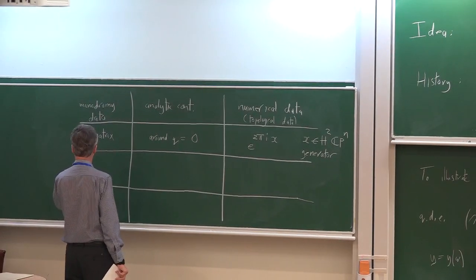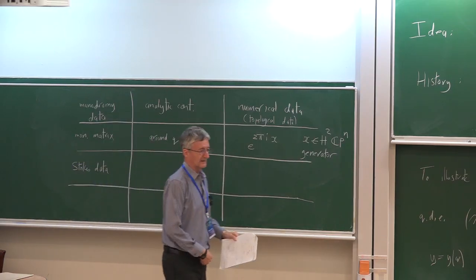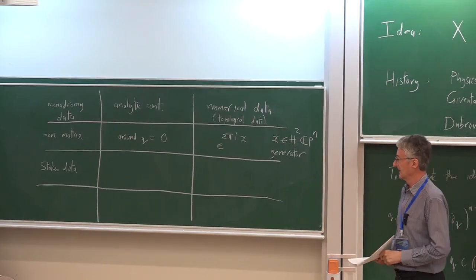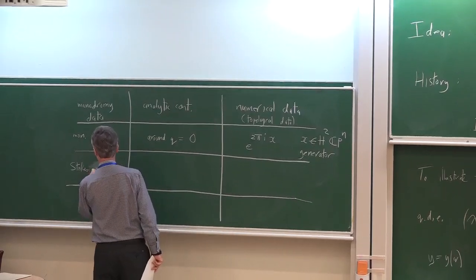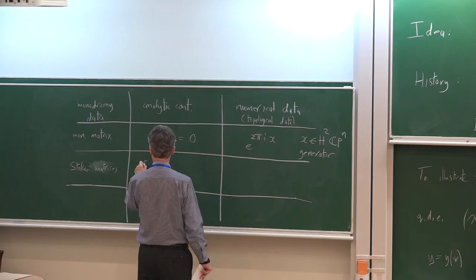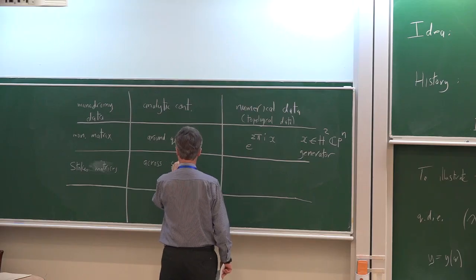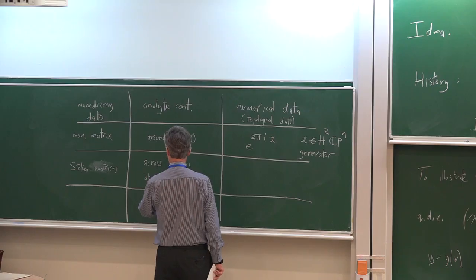Now, the next kind of monodromy data is Stokes data. This is related to the irregular singular point at infinity. You have Stokes matrices. From the point of view of analytic continuation, this is across sectors at infinity.